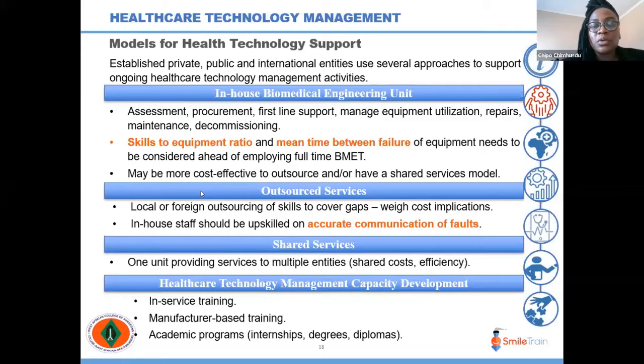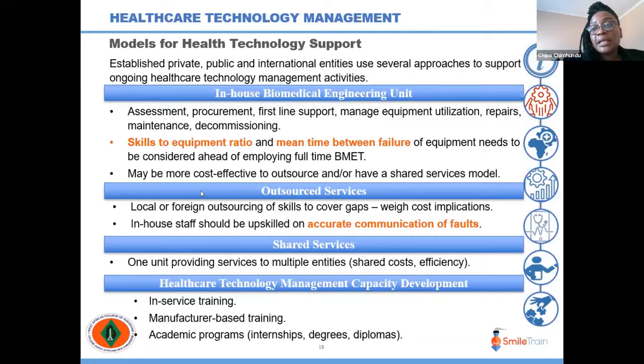If you have equipment that is less likely to fail, you may not need someone there full time. But it is one model you can use if you have a lot of equipment in one place and you need a dedicated team. Alternatively, you could consider outsourcing, whether locally or foreign, but this also attracts its own costs in making sure that your engineers are there on time to respond to equipment that is down.